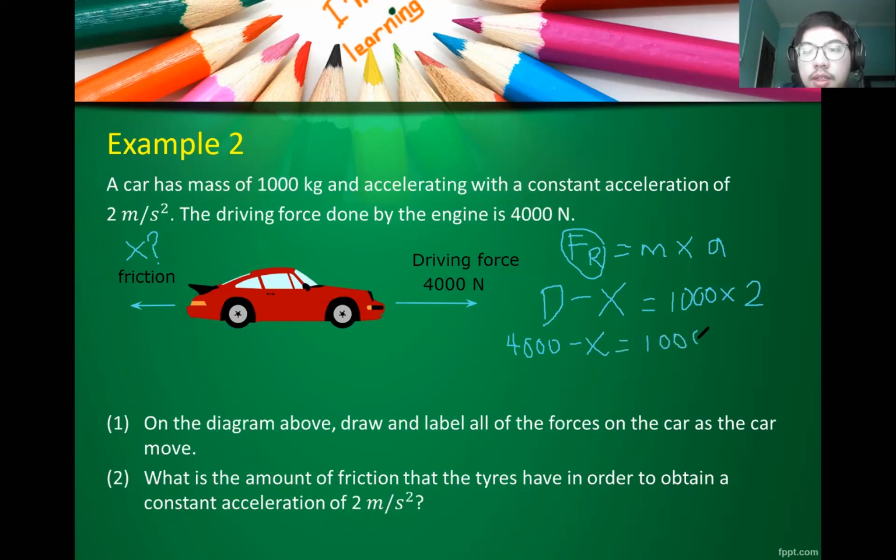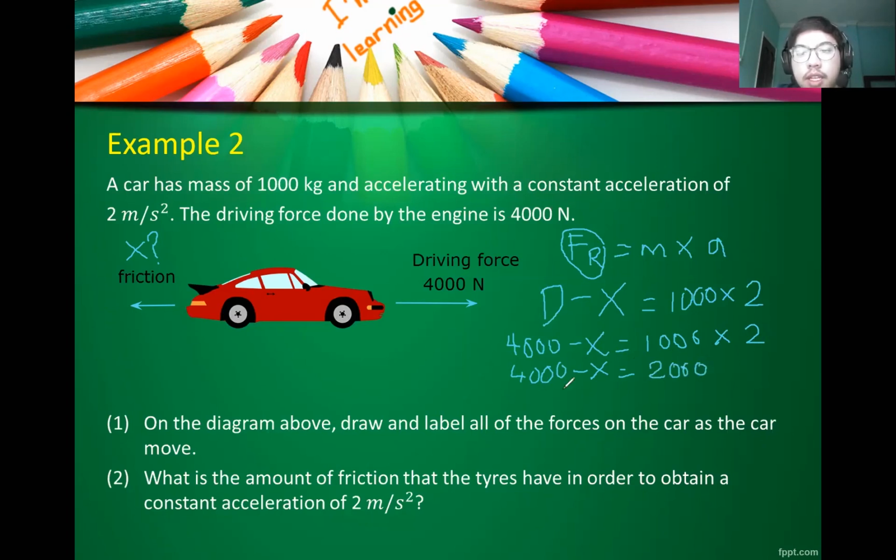1000, mass is 1000 times 2. And the formula becomes this. And because the formula looks like this, we can solve for X. We can find the friction. So 4000 cannot be deducted by X because we don't know what X is. But we can simplify 1000 times 2, that's 2000.